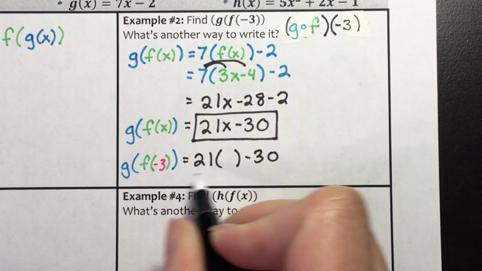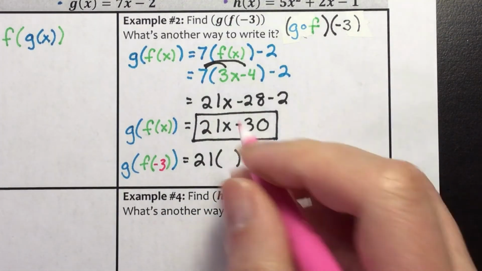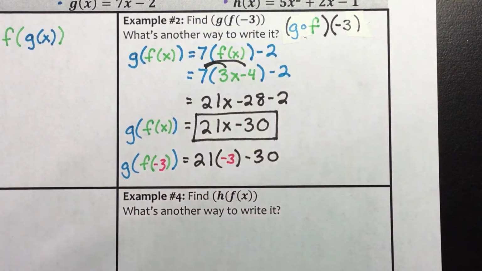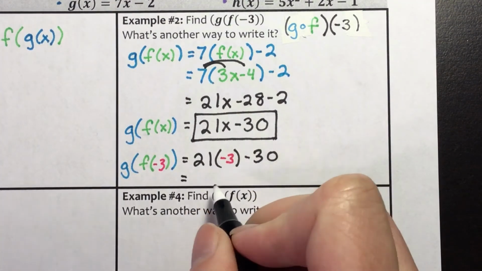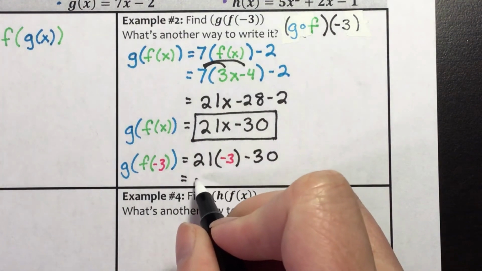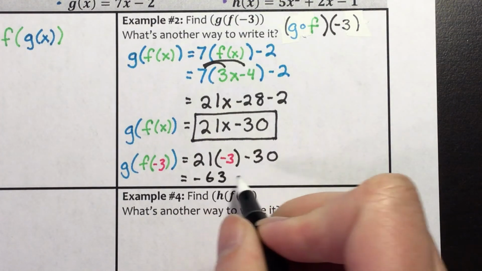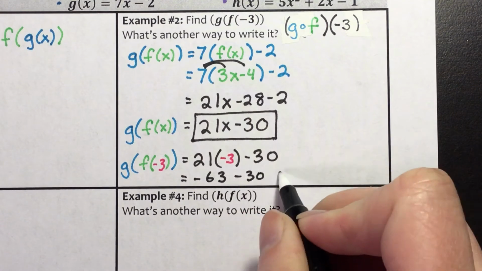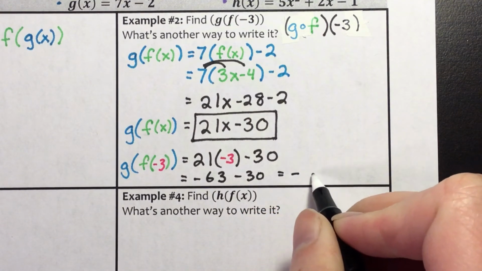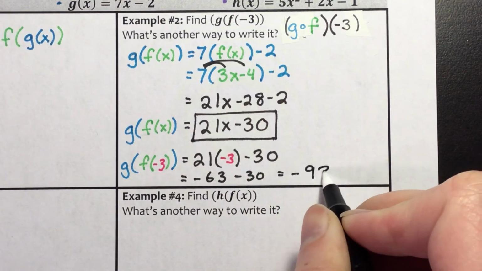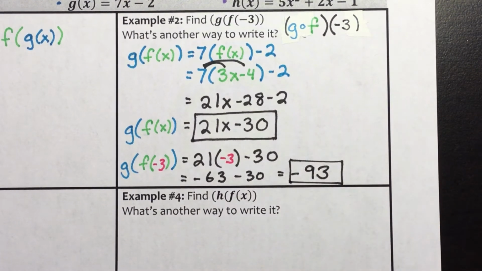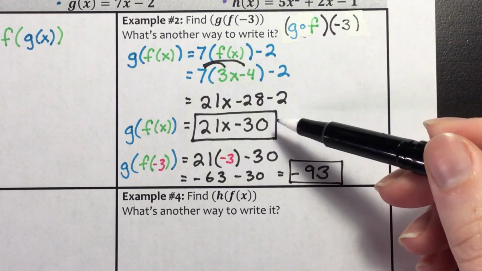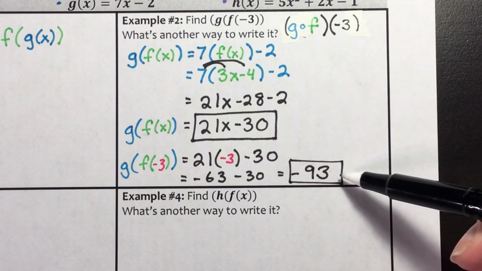We've been doing these types of things all chapter, where we just take the number and plug it in and then simplify. Okay, so this is going to equal 21 times negative 3, which is negative 63, minus 30, which is negative 93. Okay, so this was g of f of x. This is g of f of negative 3.